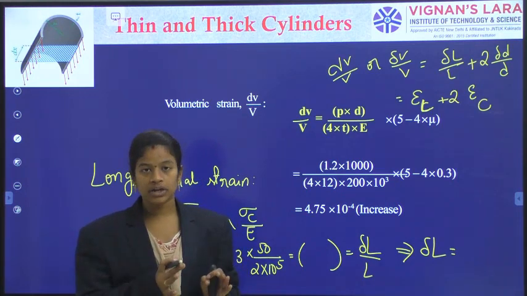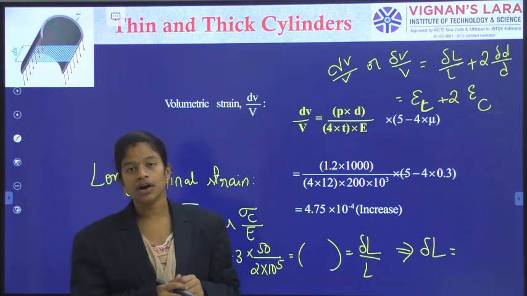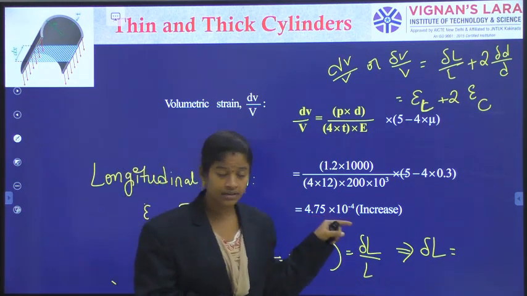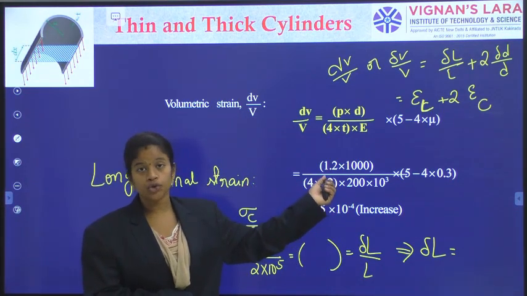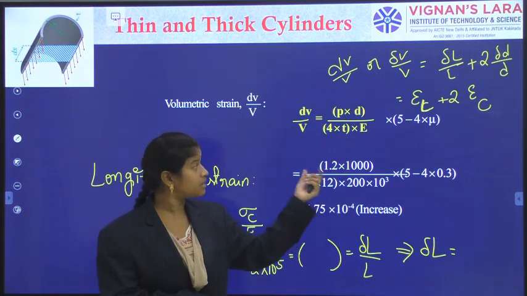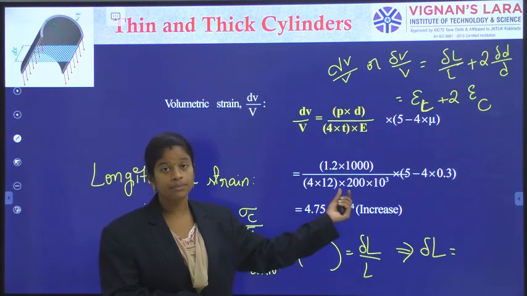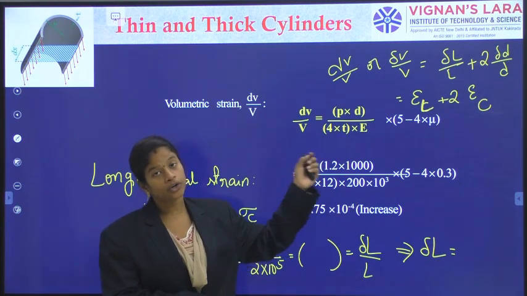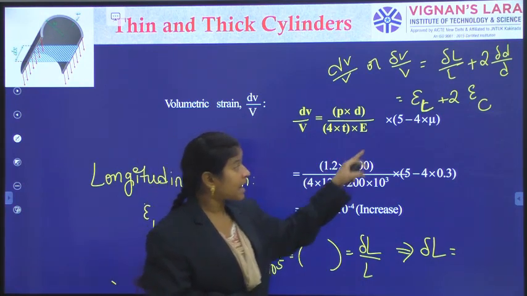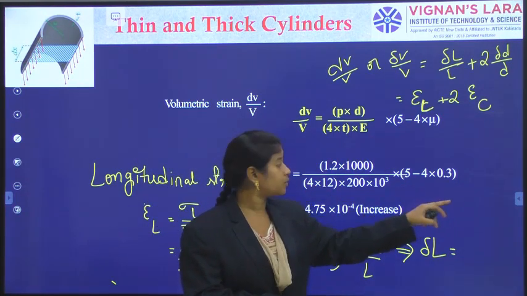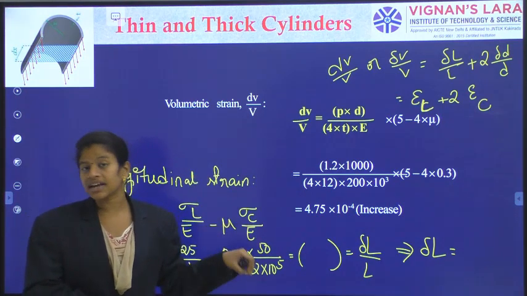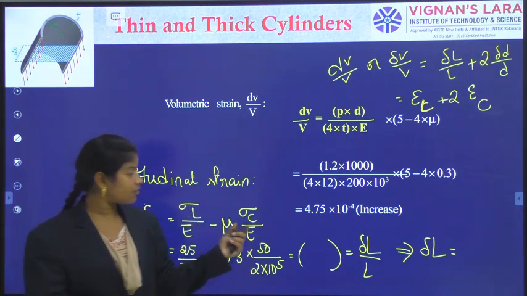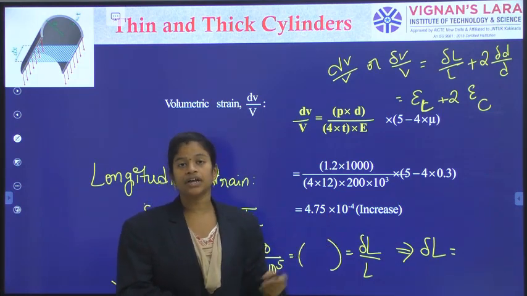Substituting the pressure 1.2 Newton per mm square, internal diameter 1000 millimeters, thickness 12 mm, E as 200 into 10 cube or 2 into 10 power 5, and 5 minus 4 into 0.3, the volumetric strain I have got is 4.75 into 10 power minus 4.